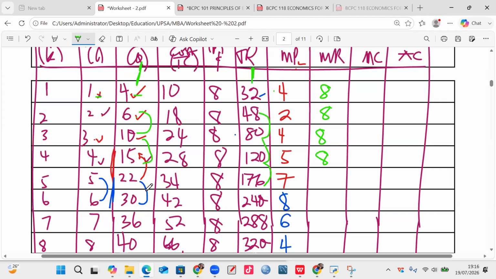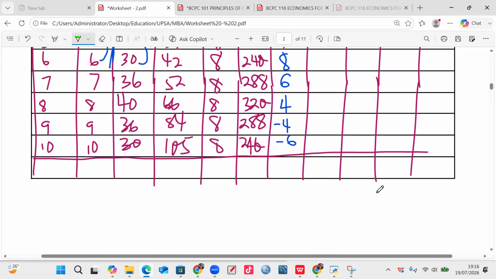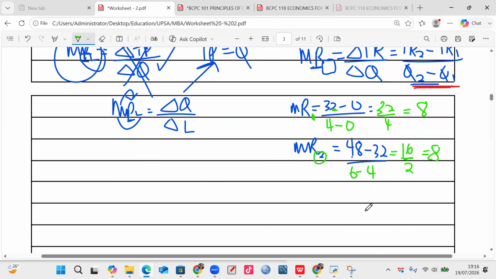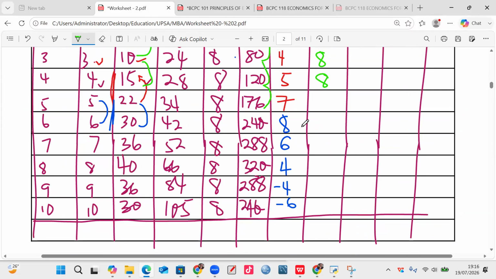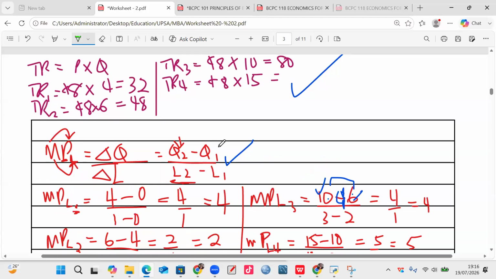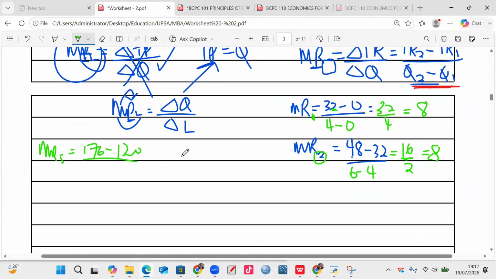Yes. We are on MR5. I don't want to be writing it because I believe I've explained. So let me write MR5 here. 176 minus 120 divided by 22 minus 15. What do we have? 8.